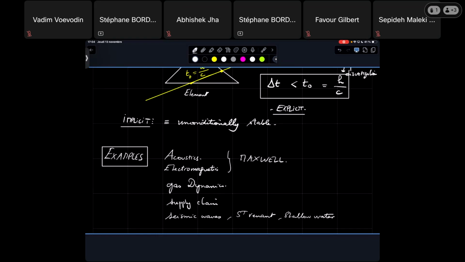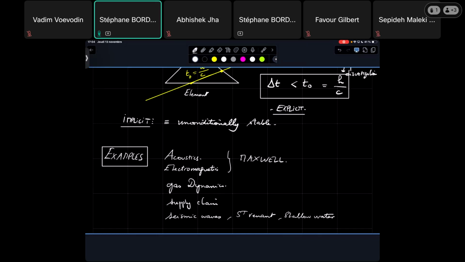So anything where things move, it's pretty clear. Acoustics, you would guess that cannot be elliptic. Elastodynamics, by definition, won't be elliptic. Gas dynamics. So even without thinking, you can immediately know how things will look.